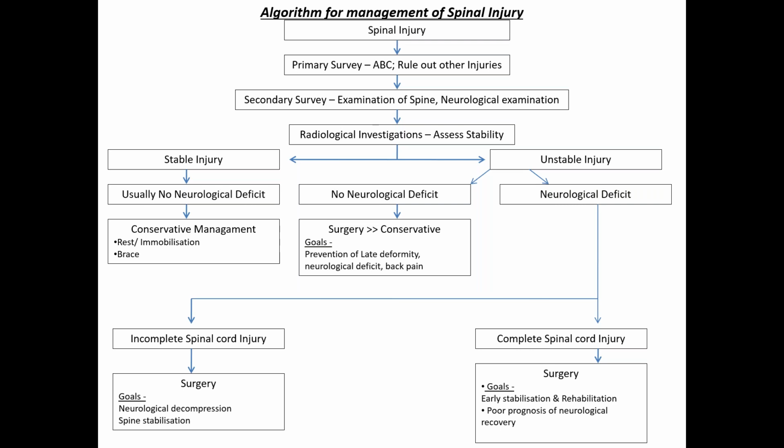If it is an unstable injury with neurological deficit, then surgery is needed. The goal is early stabilization and rehabilitation. If it is an incomplete injury, you have to decompress and stabilization is a must. If it is a complete injury, the role of decompression is debatable. The only goal is early stabilization and rehabilitation, that is fixation of the spine.